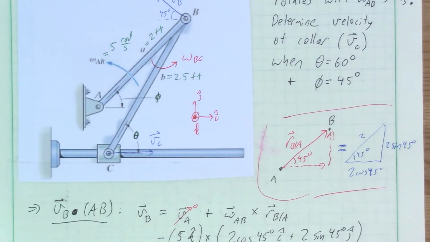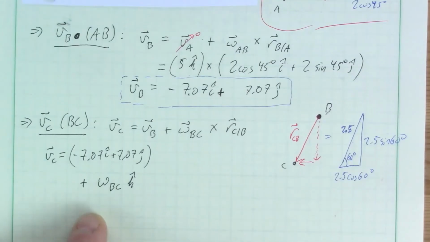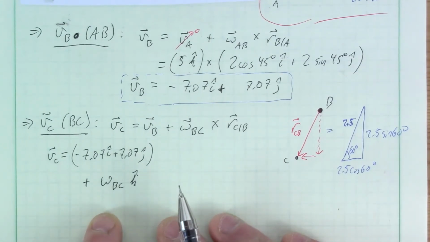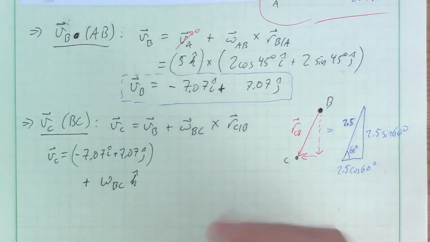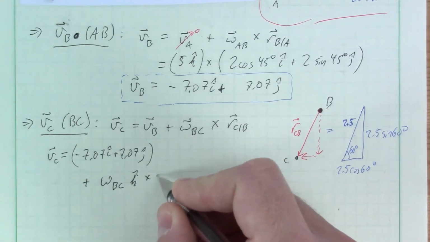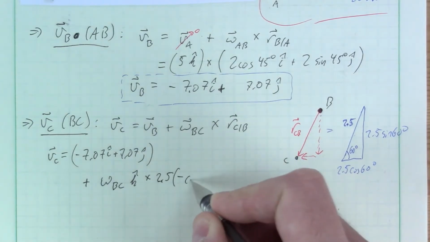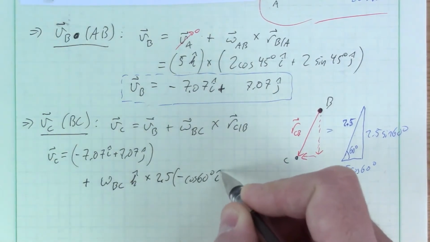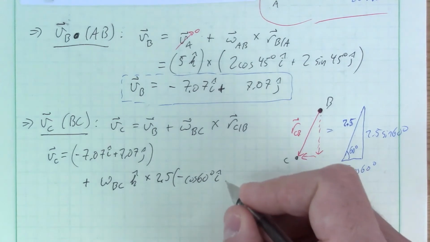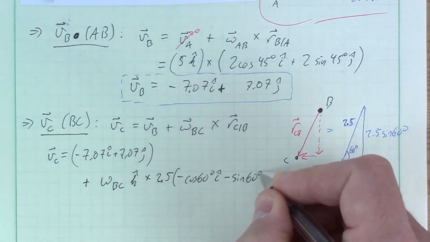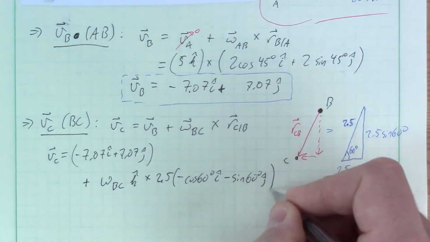We have omega BC, that's unknown, K hat is the direction, crossed into 2.5 minus cosine 60 degrees I hat coming from the triangle, minus sine 60 degrees J hat.